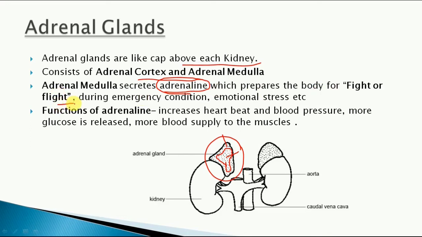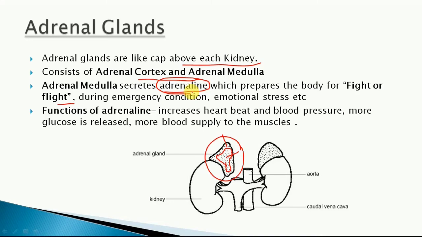Now what is this fight or flight? Fight or flight is a condition during any emergency situation. Suppose you are frightened or you are in emotional stress. In that particular condition, the hormone adrenaline is secreted in our body.